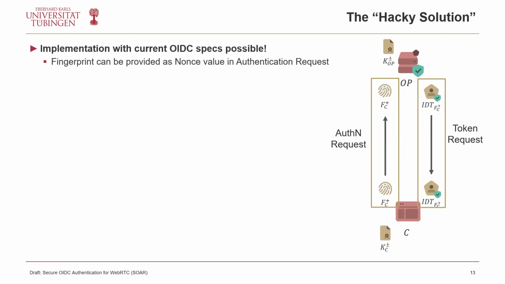So, as Daniel asked me before, we could also put the fingerprint into the nonce value in the authentication request. Then this fingerprint will remain on the OpenID provider until we perform the token request, and then the fingerprint will end up in the ID token.